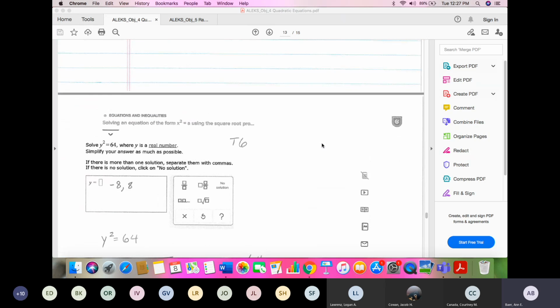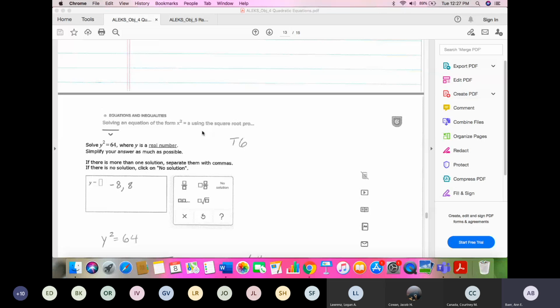So let's take a look at this problem. Solve y squared equals 64. This square on this y tells me there's likely 2 different solutions. You might get the same solution twice. Say you wanted to solve y squared equals 0. Well, that one only has one solution, 0, but it actually occurs twice.